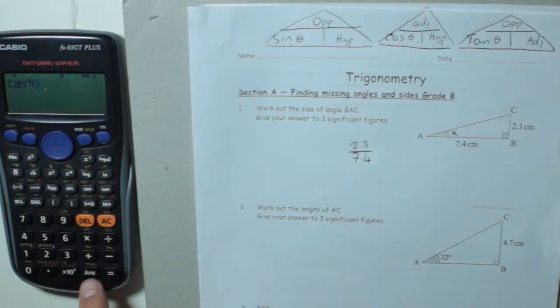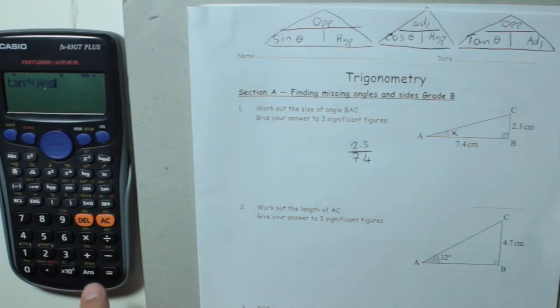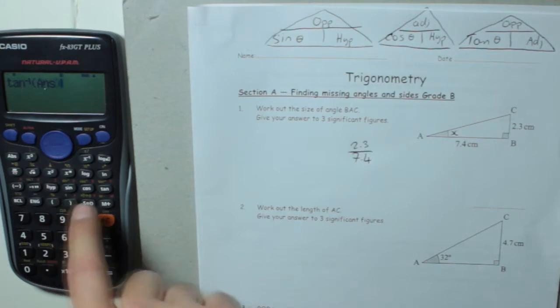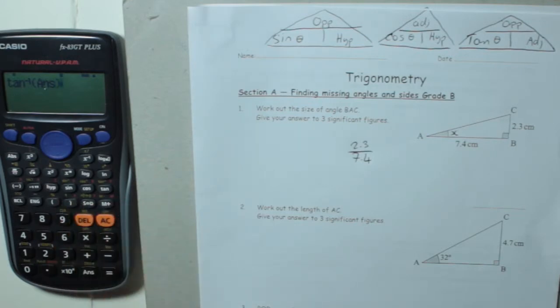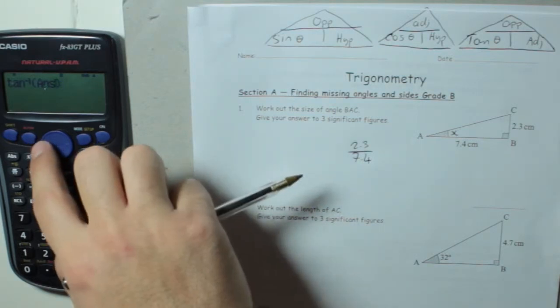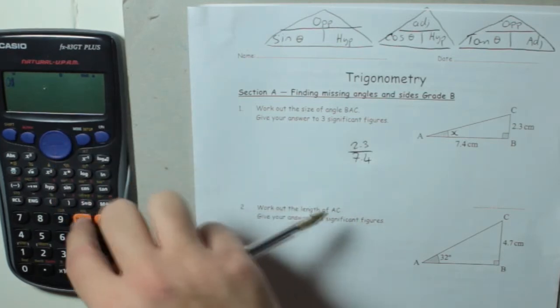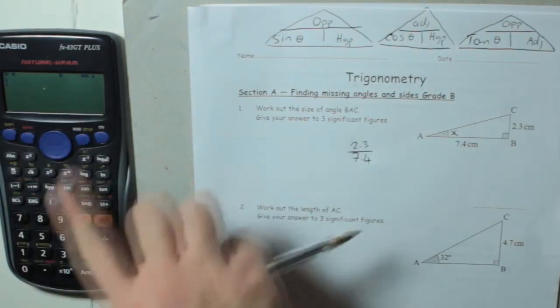Now I can use this answer button. That will bring up the last answer, which I'd worked out as 2.3 divided by 7.4, and if I press equals now, I'll get the actual angle. But I'm not going to do that. I'm going to do it all in one.